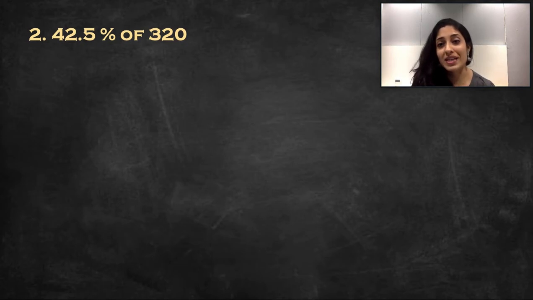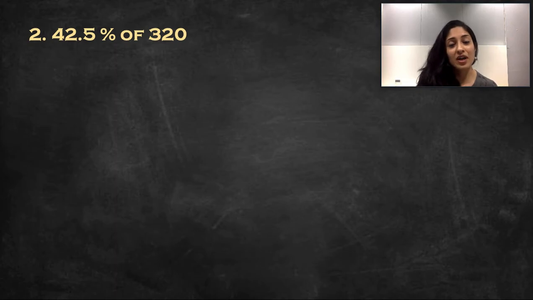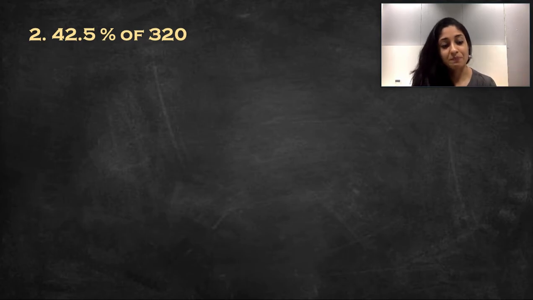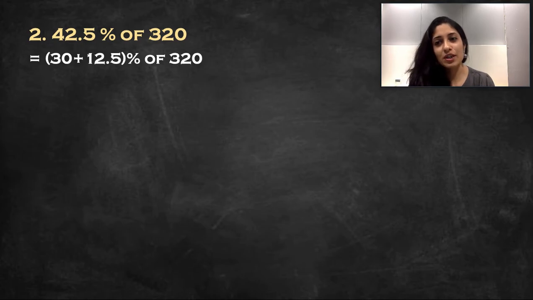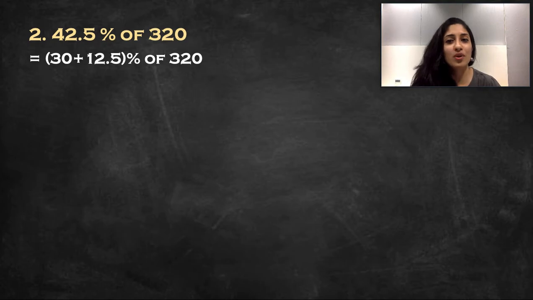42.5% of 320. With the normal method, you will tend to do 42.5 upon 100 into 320, and then further calculate it. But with the use of standard fractions, let's see how we can solve this quickly. If I divide 42.5% into two parts, 30% and 12.5%, now we know that 10% of a number is 1/10, which is 32 in this case.